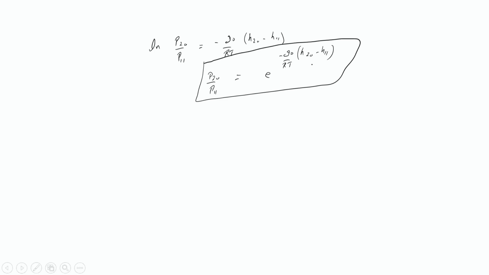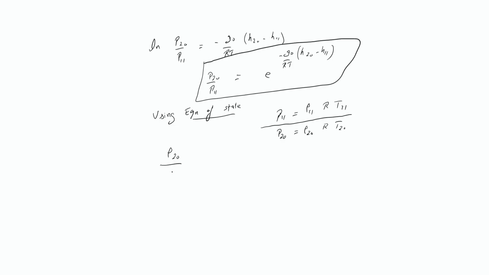Now again using the equation of state at 11 kilometers and 20 kilometers. At 11 kilometers we can write P11 equals rho 11 R T11, and at 20 kilometers P20 equals rho 20 R T20. Here R is the universal constant, that will remain constant, and again we divide these equations. So we can write rho 20 upon rho 11, since we are interested in finding the density at 20 kilometers.